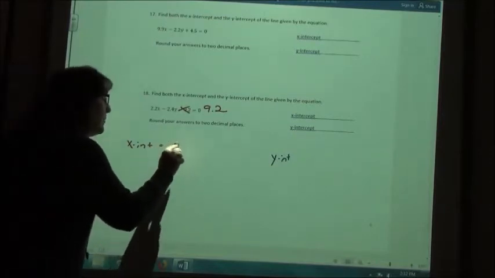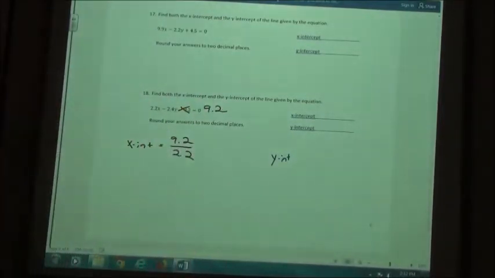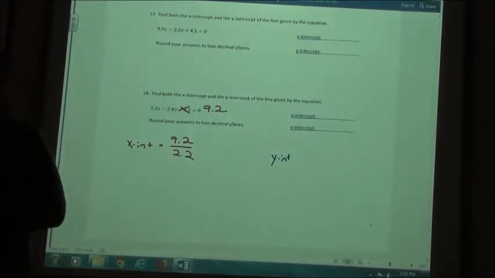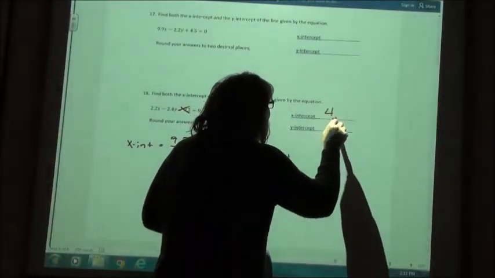For my x-intercept, I did 9.2 divided by 2.2, so my answer was 4.18. I know you had answers, I walked by and looked.